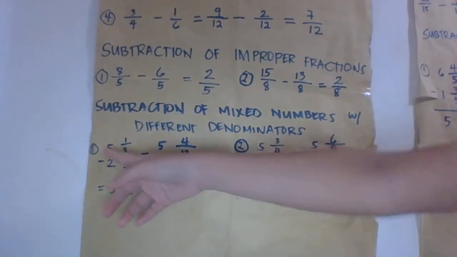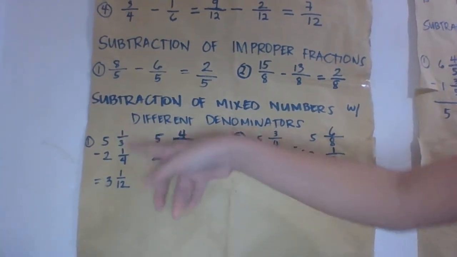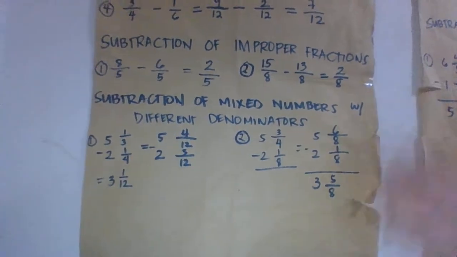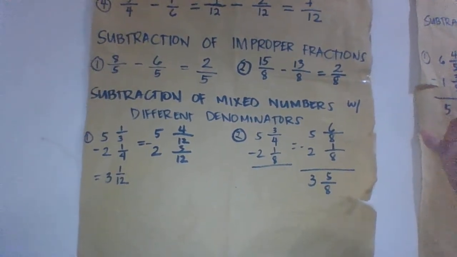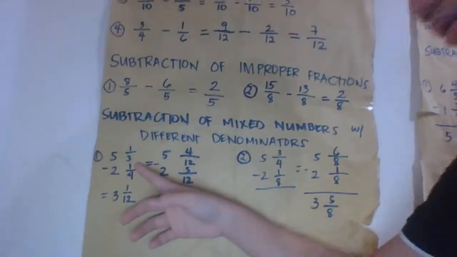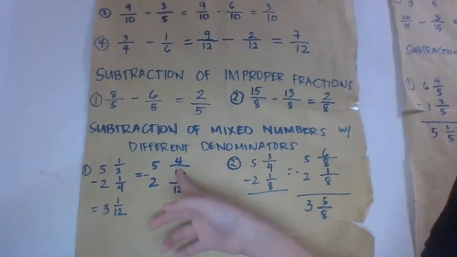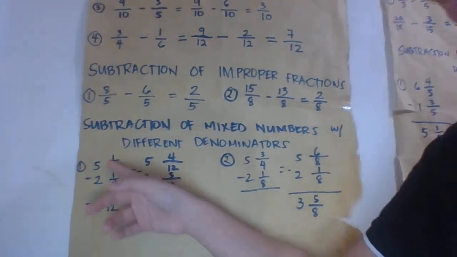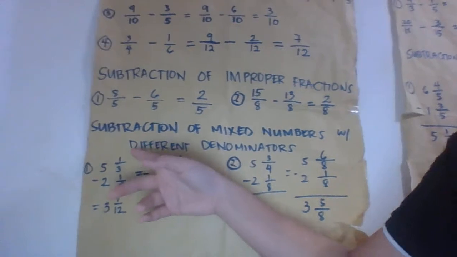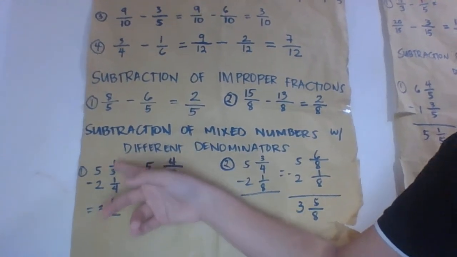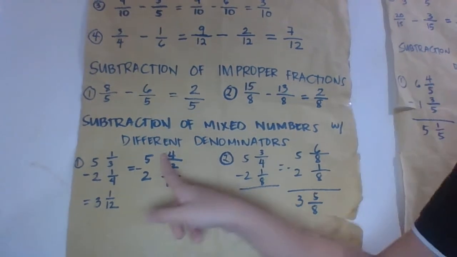We rewrite the 5 and 2 here, and we need to find the LCD. 4 times 3 equals 12. So we need to times this by 3. I mean 4. 4 times 1 equals 4.